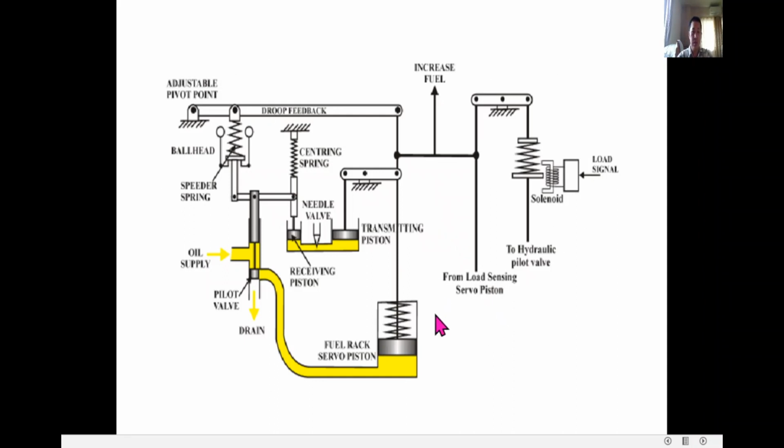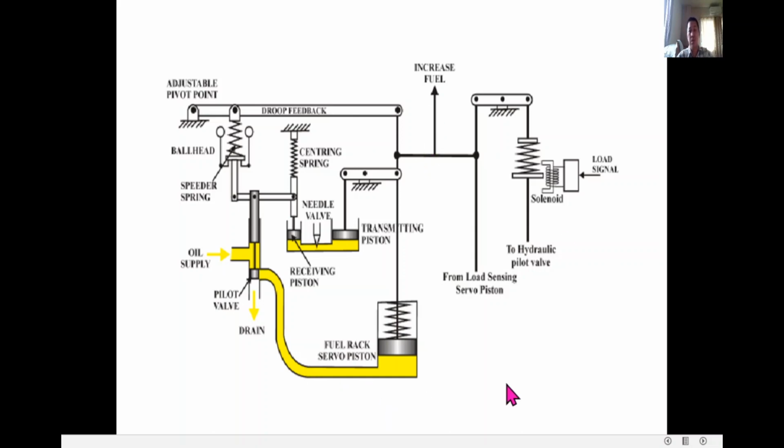This is your governor. More oil to push this piston will increase the fuel. You see? Increase the fuel. So more oil.